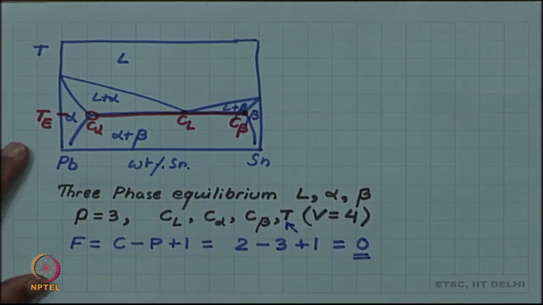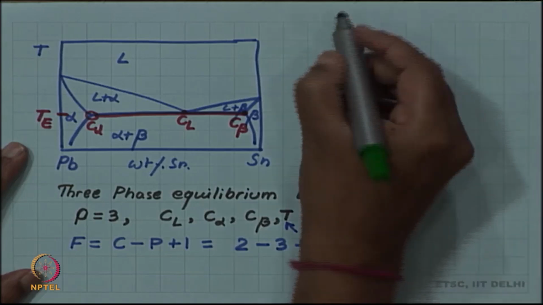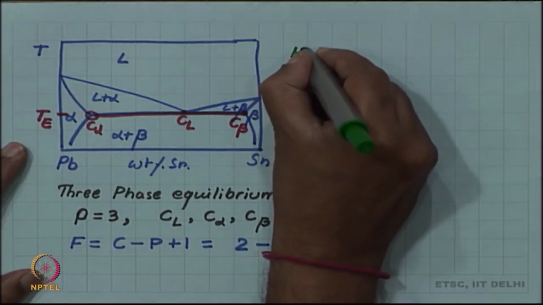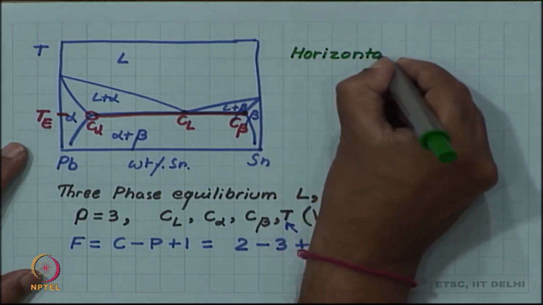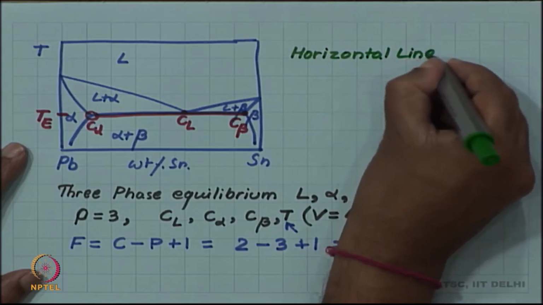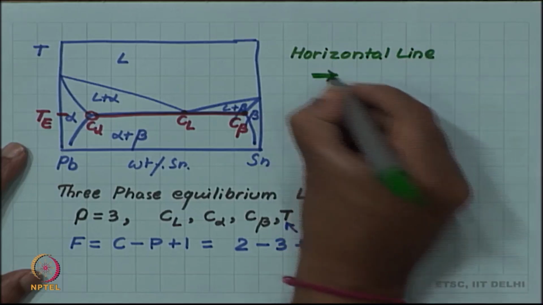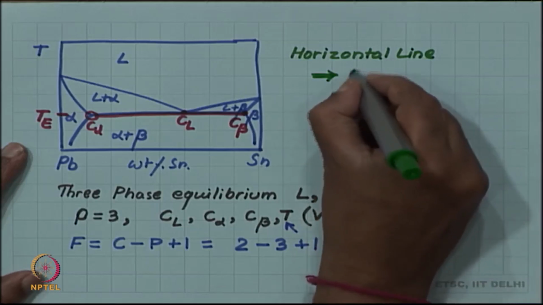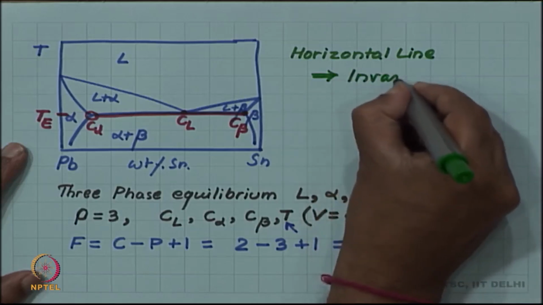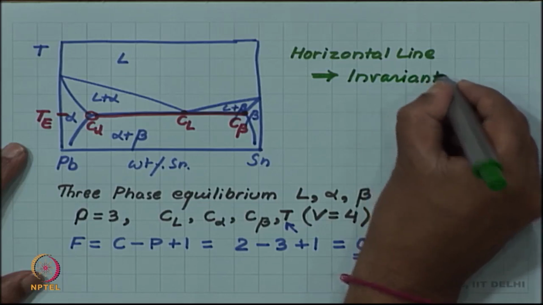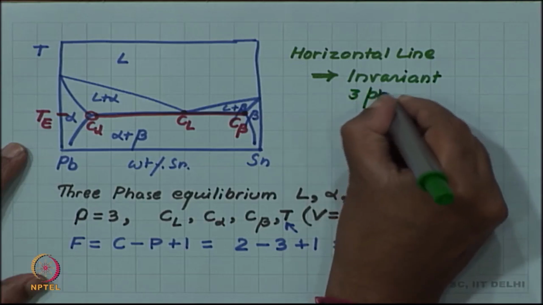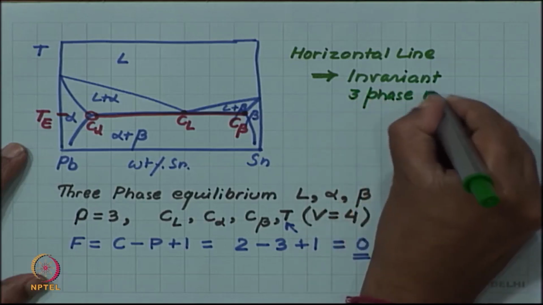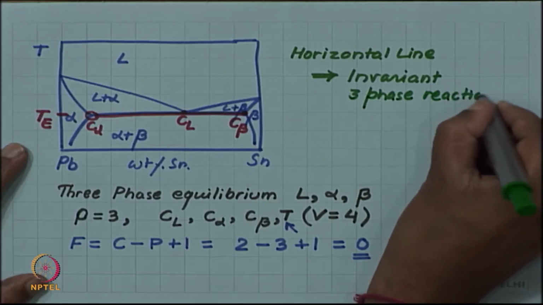The reverse of this is also true, that whenever in a binary phase diagram you see a horizontal line, it will always be indicative of an invariant 3-phase reaction.